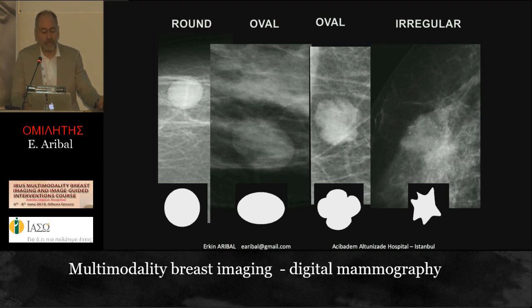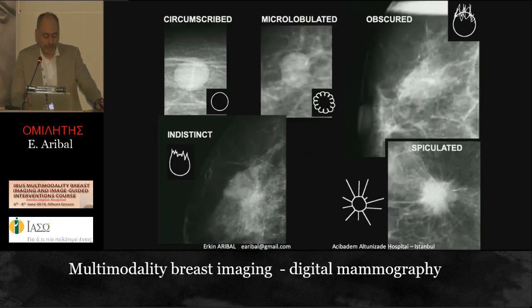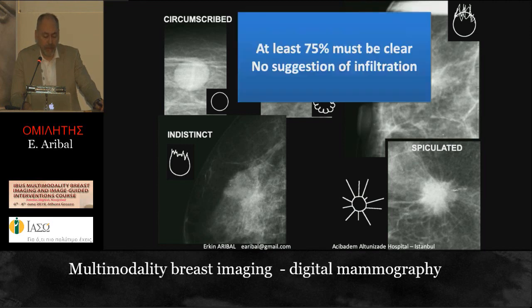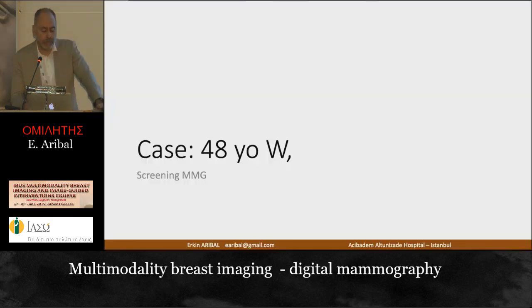Round masses can be malignant, ovals are mostly benign, and irregular ones are mostly malignant. So these are the margins that you can call. If it's circumscribed, it's mostly benign, but if it's speculated or indistinct, it means that it's malignant and an infiltrating lesion. To call a lesion benign or well circumscribed, you must see at least 75% of the lesion clearly.